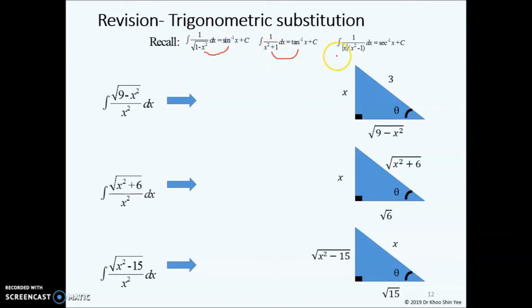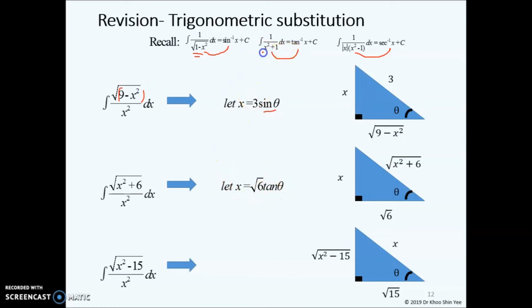For this one, you get tangent, and lastly, you get secant here. So when I look at this, it is a squared minus x squared, which is this first form. Therefore, my trigonometric substitution should be in this sine form, and then a squared is 3.